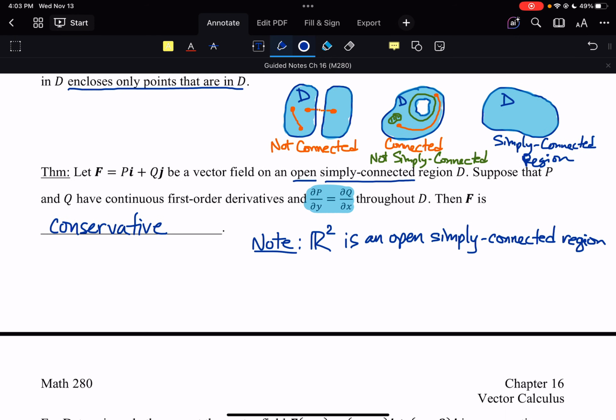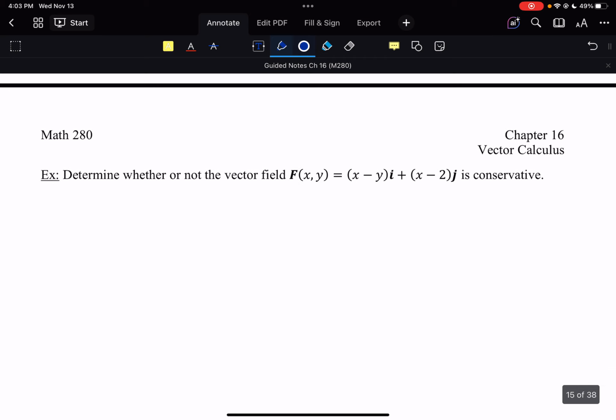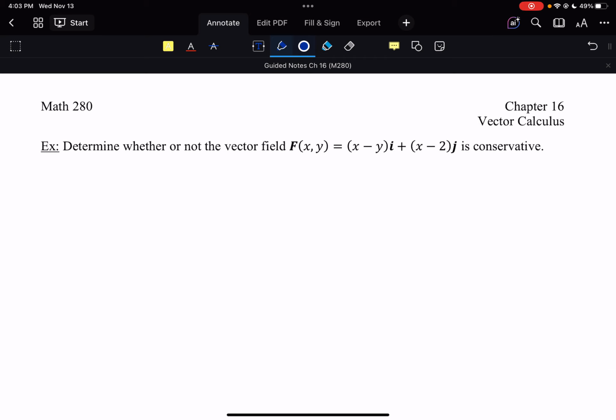Let's try this out with some examples. Determine whether or not this vector field is conservative. So we can go ahead and label these here. The I component, that's going to be P of xy. The J component, that's Q of xy.